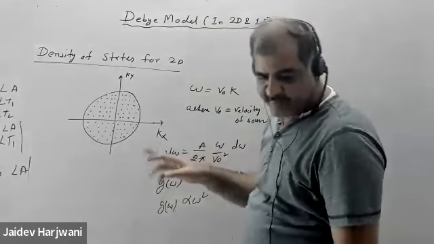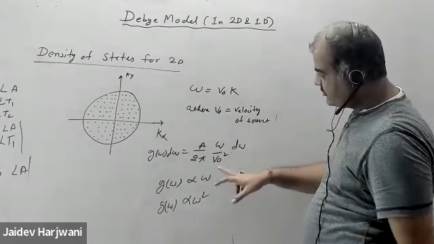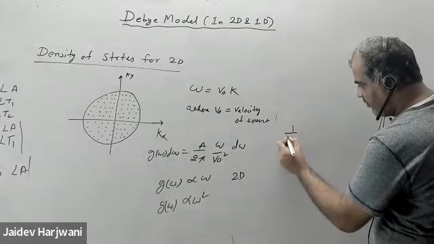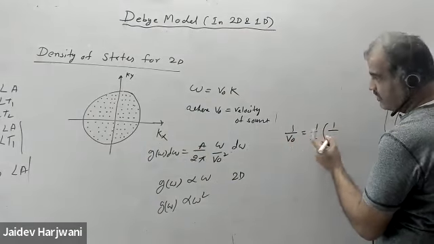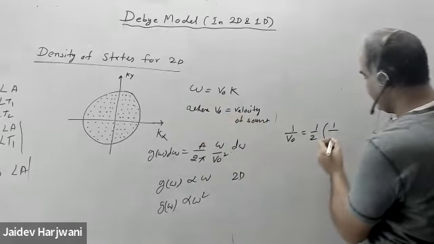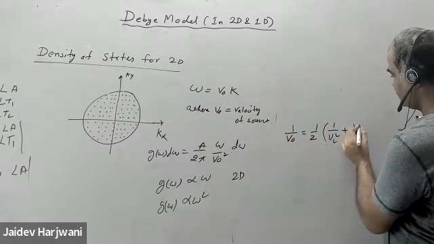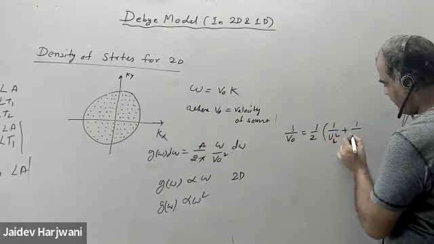Here we are taking an approximation, using the velocity equal to the sound velocity. Actually 1/v₀² is the average of v longitudinal, vL, plus v transverse. So this is the average of v longitudinal and v transverse.